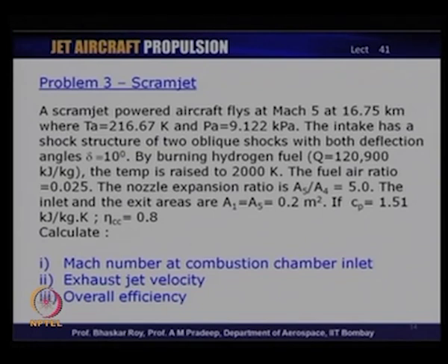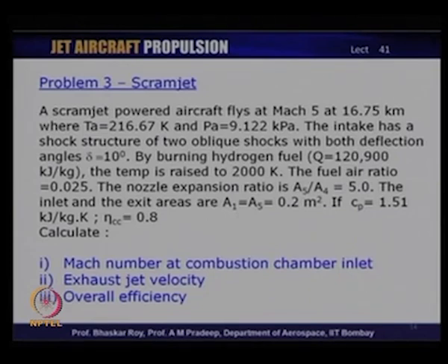Now, the intake shock structure is defined in terms of two oblique shocks, both with a deflection of 10 degrees. So, this is given with two oblique shocks standing inside the intake or at the intake face, through which the flow has to get inside the intake and then inside the scramjet engine.